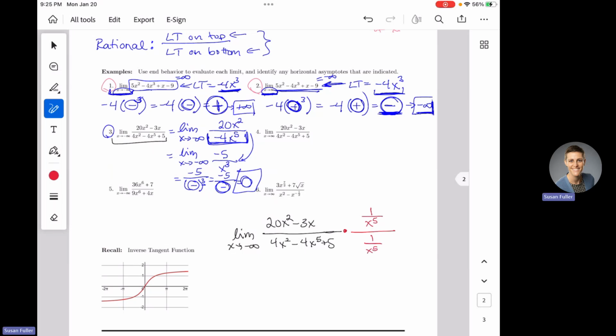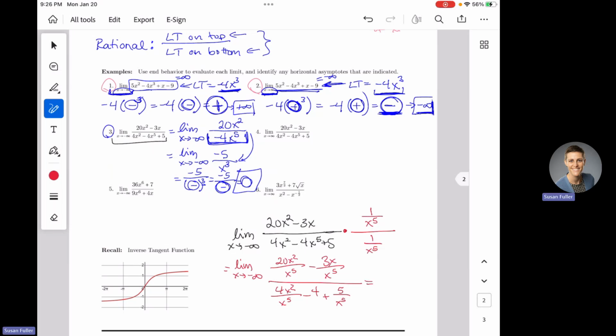So if I multiply both by this, what I get is the limit as x approaches negative infinity of 20x squared over x to the fifth minus 3x over x to the fifth, all over 4x squared over x to the fifth minus 4. The x to the fifths cancel, so I just have 4 plus 5 over x to the fifth.